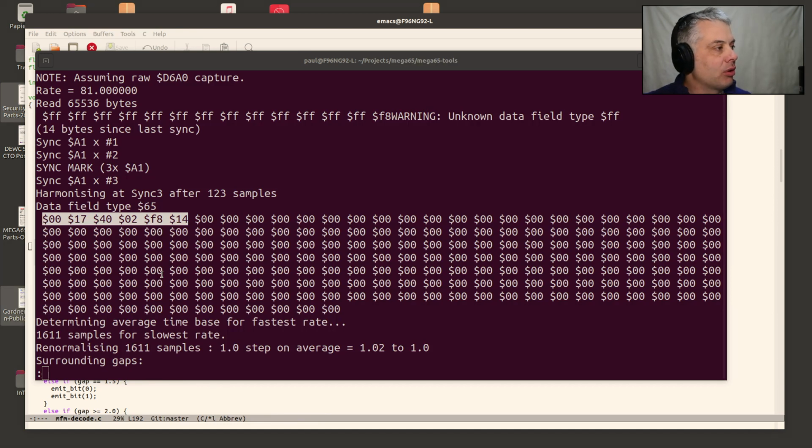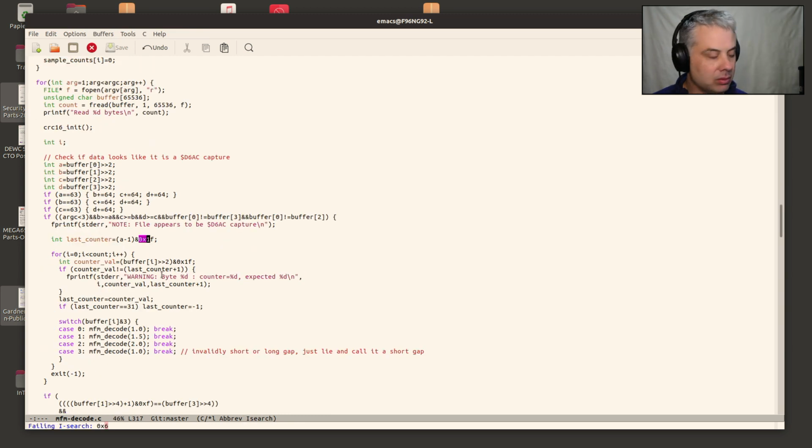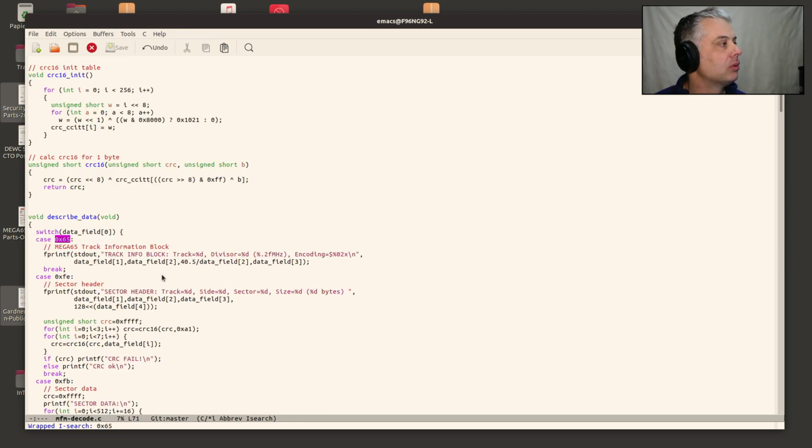Okay, so I need to make this switch to having the decode immediately. So after we've got 6 bytes, and the first, well, actually it's 7, right? Because the data field type doesn't count. So data, yes, so it's describe data.